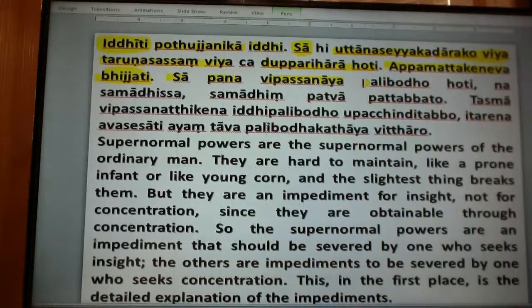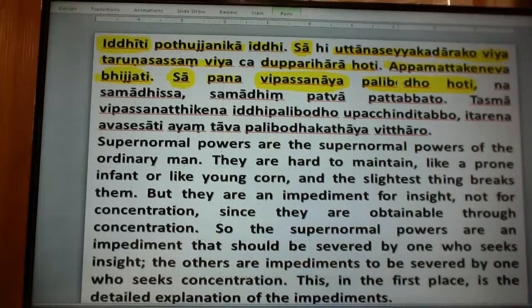Sa vipassanaya paribodho hoti. Sa means that kind of supernormal power is an impediment for vipassana, for one who practices insight meditation. If a person who has supernormal power wants to practice insight meditation, that supernormal power is an impediment. It is a disturbance, because it is very difficult to maintain.